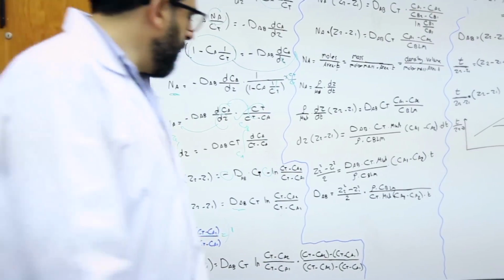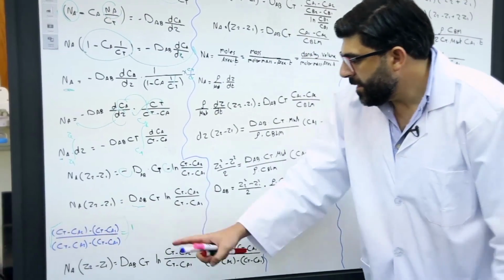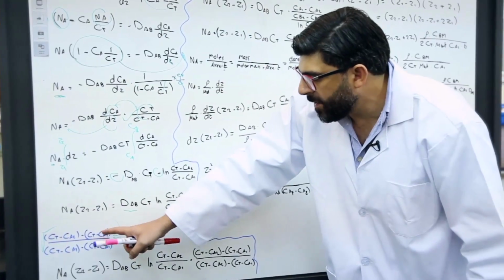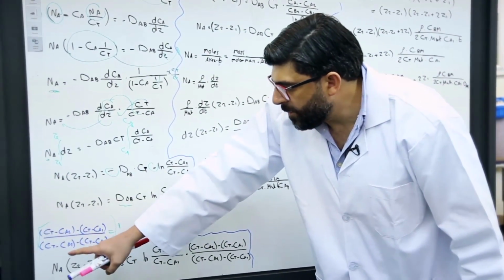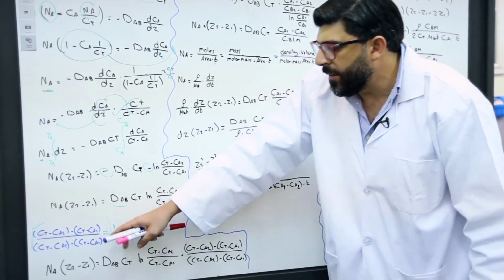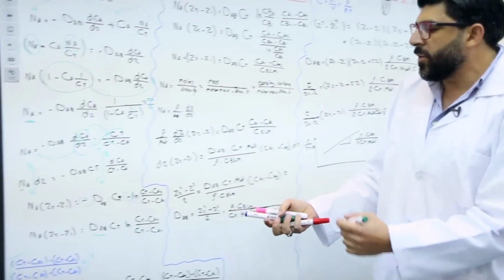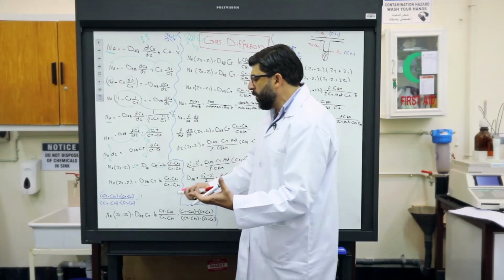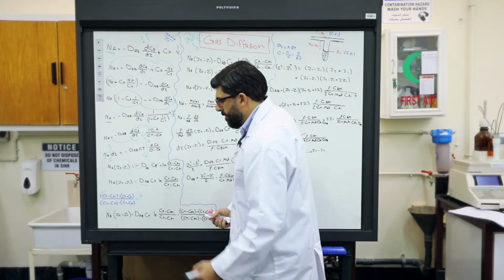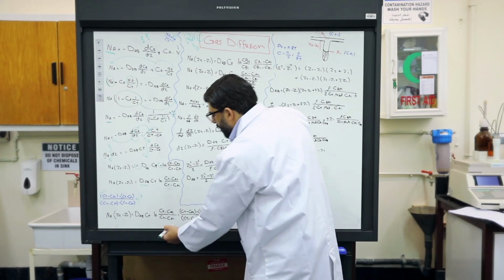So now (C_T minus C_A2) minus (C_T minus C_A1), divided by (C_T minus C_A2) minus (C_T minus C_A1). I just introduced this part in order to balance the equation and introduce C_BM. So I just multiplied this one to here.